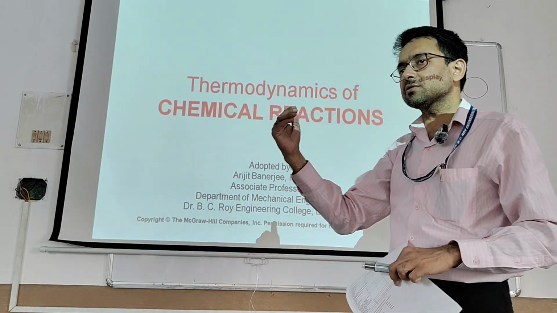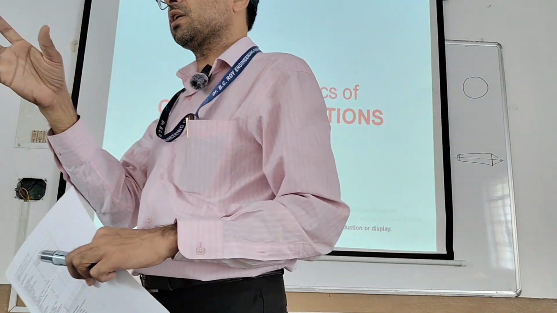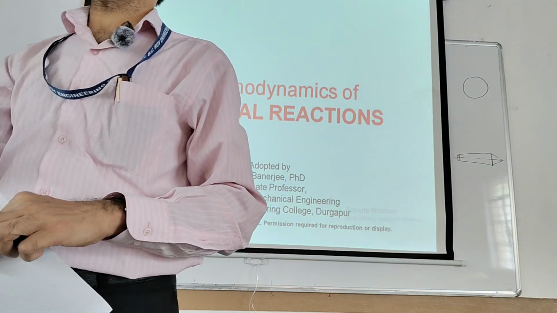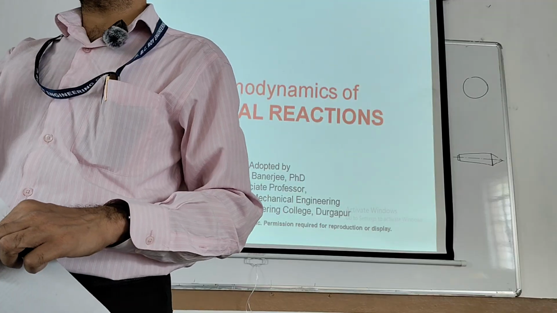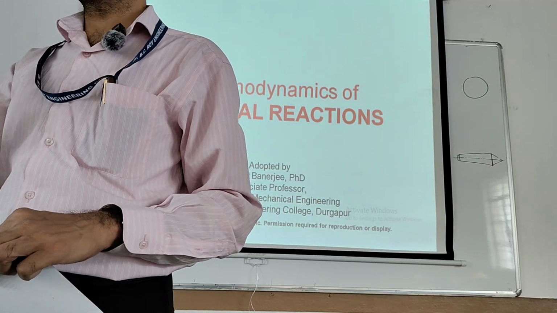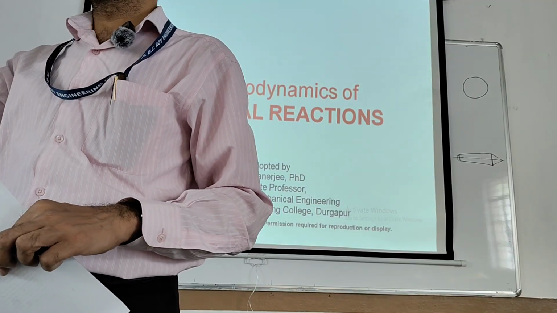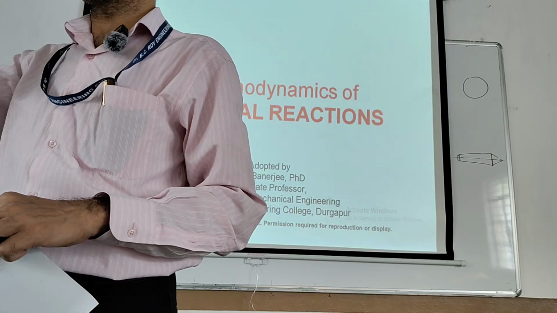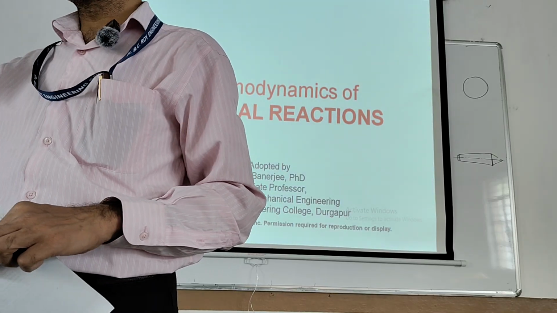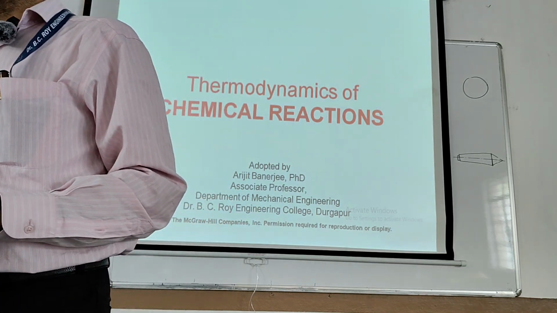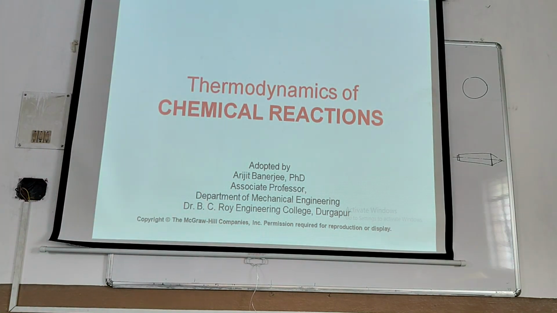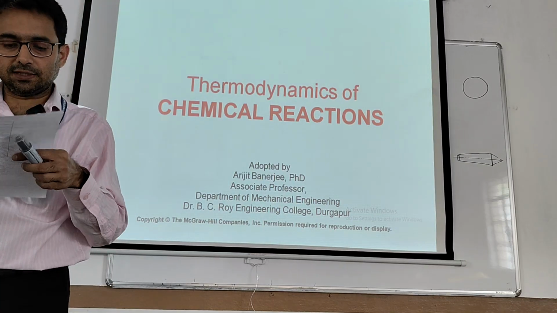So from the known products, that is exhaust gas, you can calculate what the reactants are. That means you know the individual exhaust gas components, for example CO2, CO, then H2O, oxygen, nitrogen, etc. All the components individually you know, then you go for balancing and from that you guess what the reactants are, that is what the fuel is. Clear? So that is exhaust gas analysis.